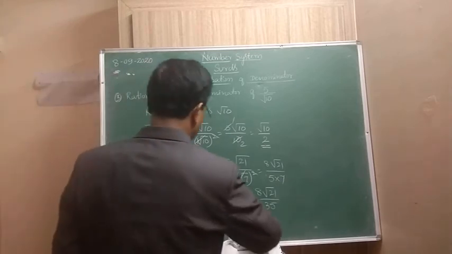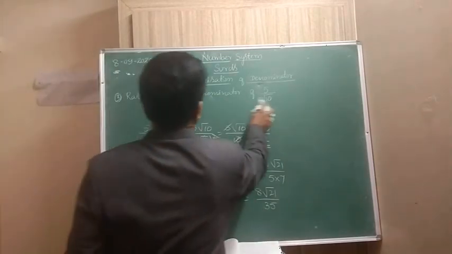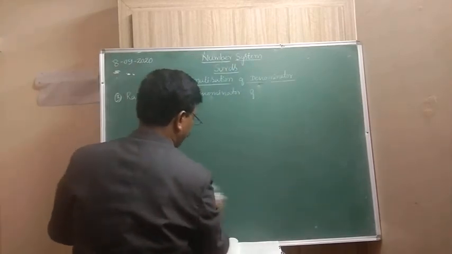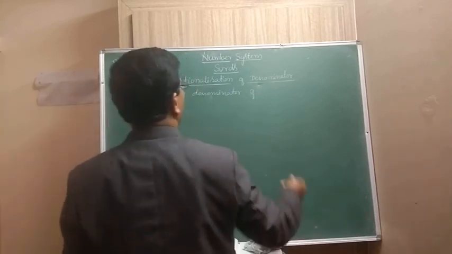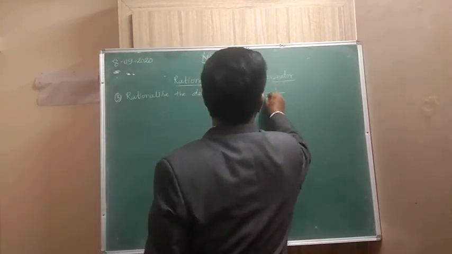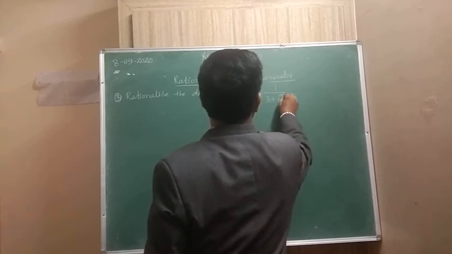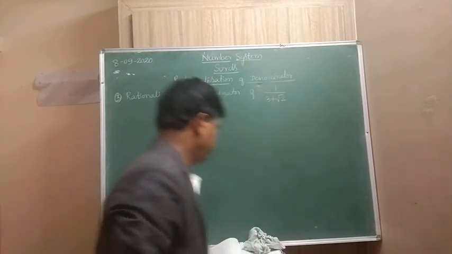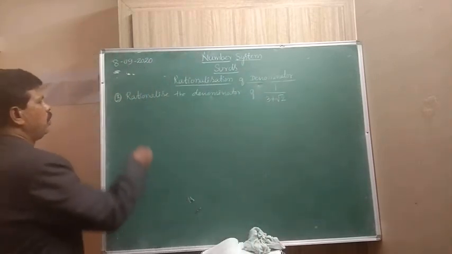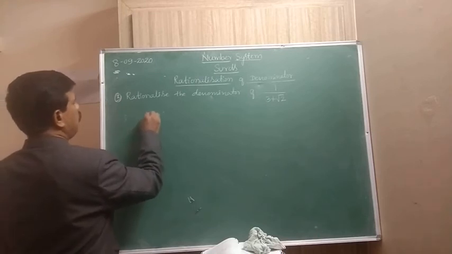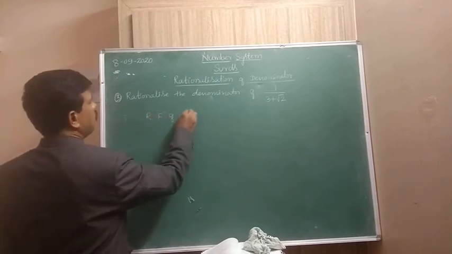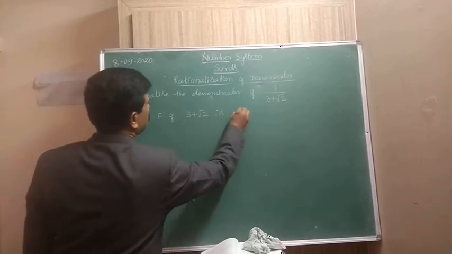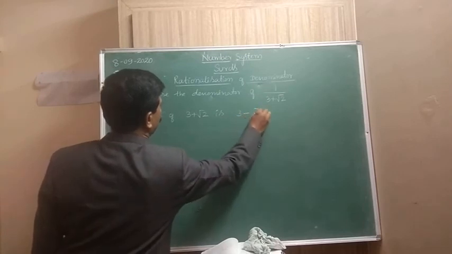Now, next, rationalize the denominator of 1 by 3 plus root 2. So look at the question. 1 by 3 plus root 2. Now, first step is what? RF of 3 plus root 2 is 3 minus root 2.